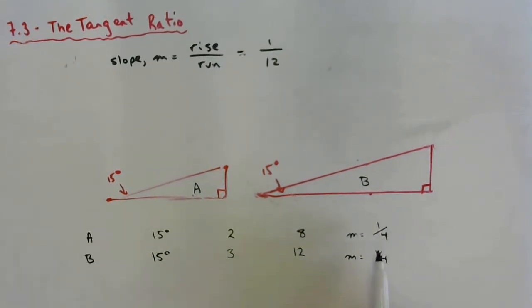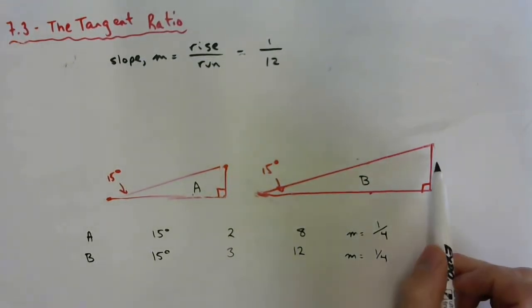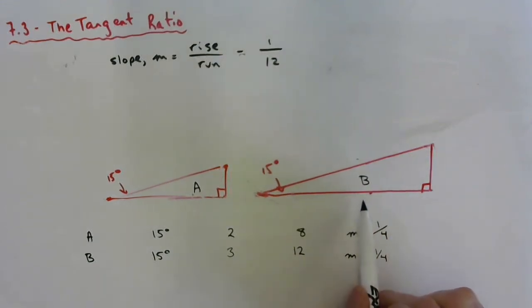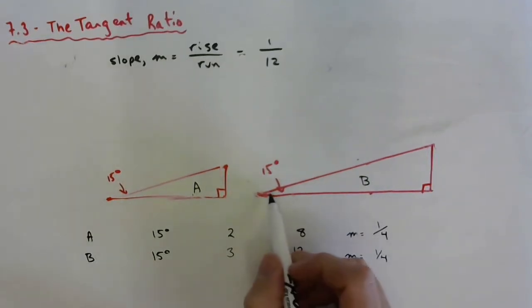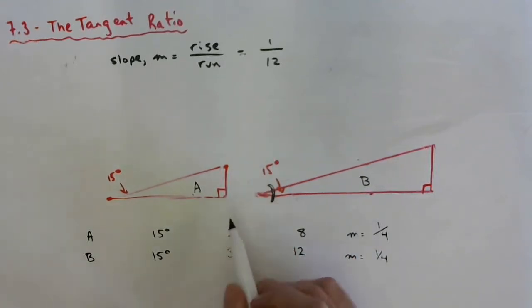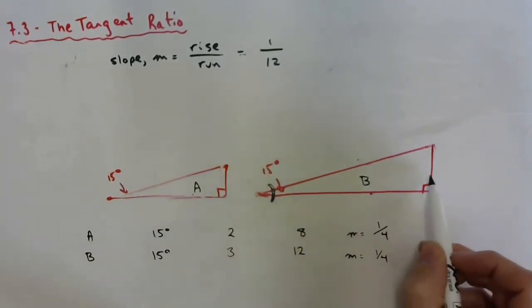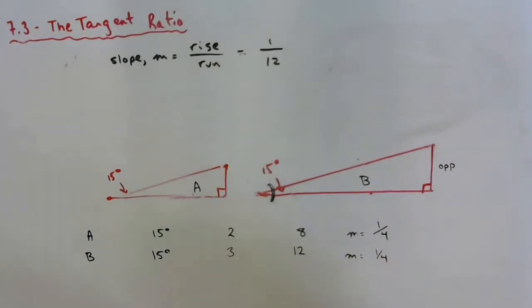Now remember, the slope is a ratio. The slope is a ratio of the rise over the run. Please pay attention. We're going to learn how to name the sides in right angle triangles, which you already know. But if we're talking about this angle right here, then we have to name our sides. This side way over here is called the opposite side.